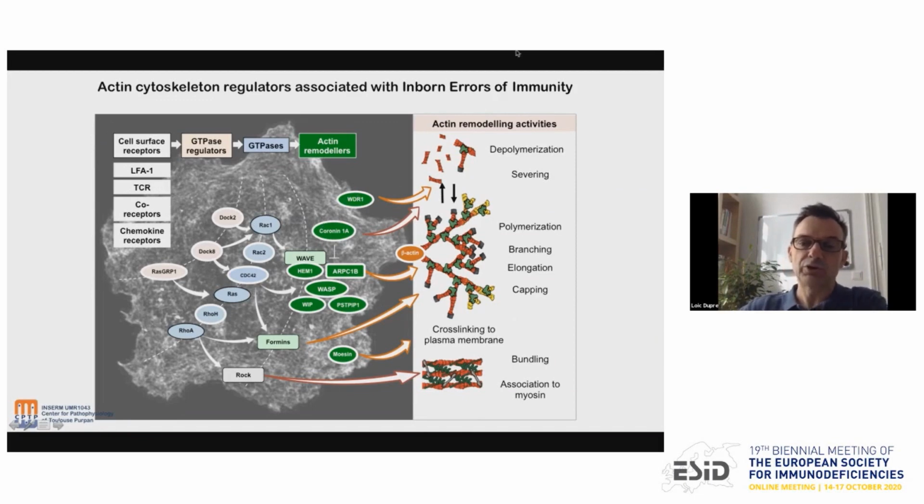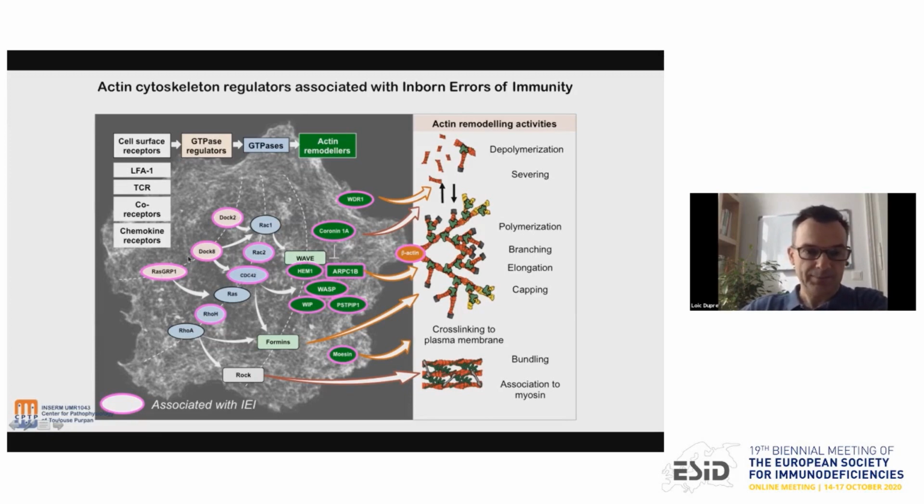And those actin remodelers, therefore, control different actin remodeling activities such as depolymerization, polymerization, cross-linking. And a good part of the knowledge we have today, at least for the immune system, of the role of multiple regulators of the actin cytoskeleton comes from our identification of genes or defective genes in some of the inborn errors of immunity. And those are highlighted here in purple.